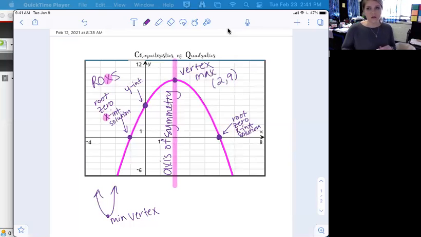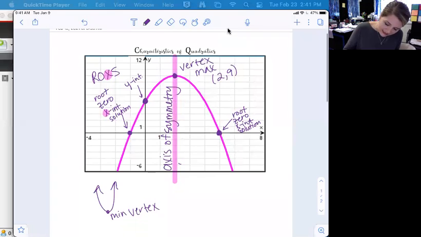Now, the axis of symmetry always goes down the middle and it goes through the vertex. Now, what axis is my line crossing? Is it crossing the x-axis or is it crossing the y-axis? Yes, Luke, it's crossing the x-axis.